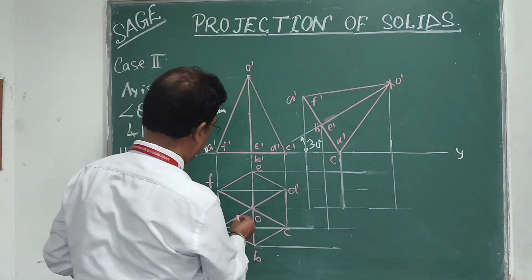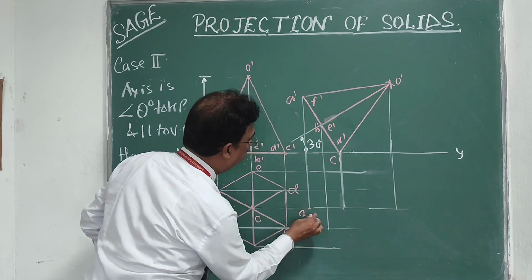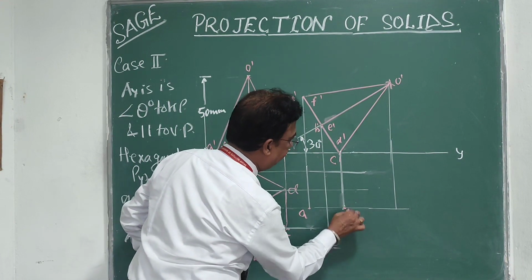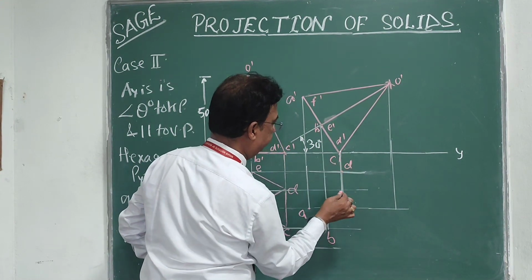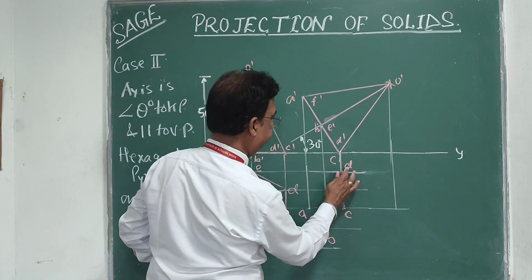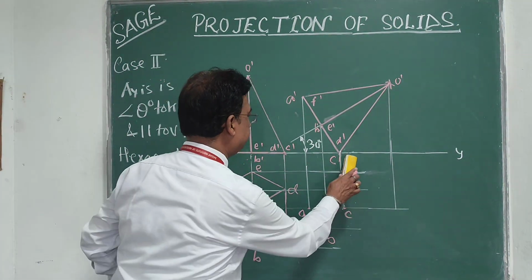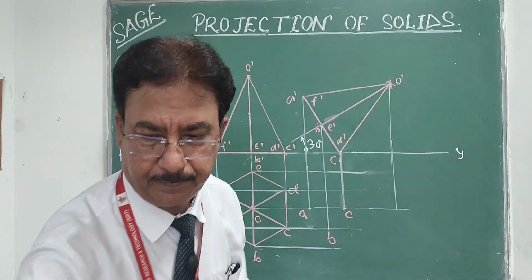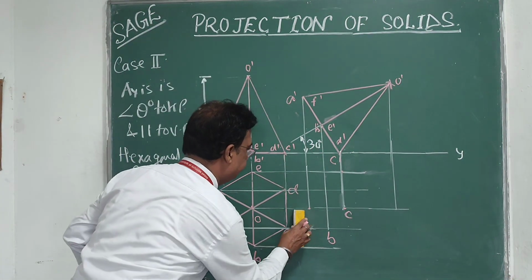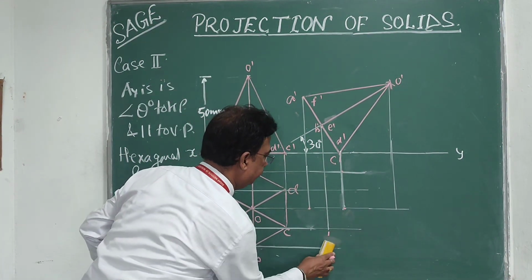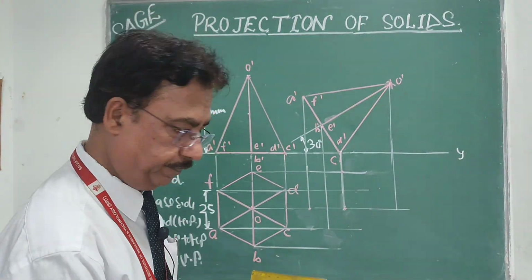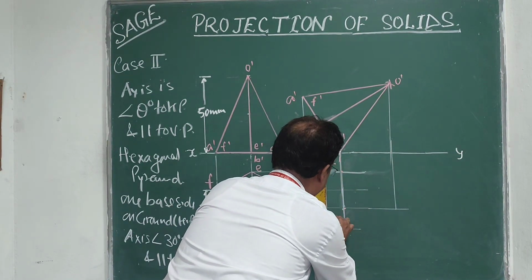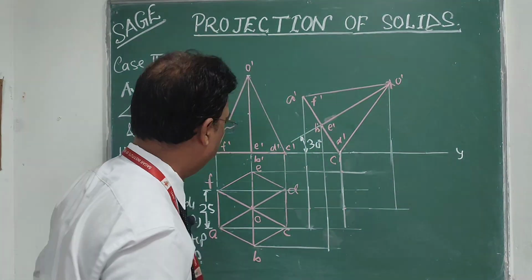Now I will name those points. So this will be small a, this is B, this is C, this is D. So I will mark all these points.